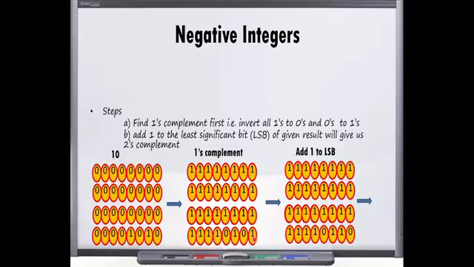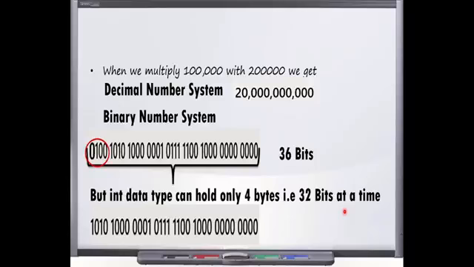After adding 1, I'm getting something like this. If you find its decimal equivalent, you will get minus 10. So this is how minus 10 is represented in memory. This is how negative numbers are handled.